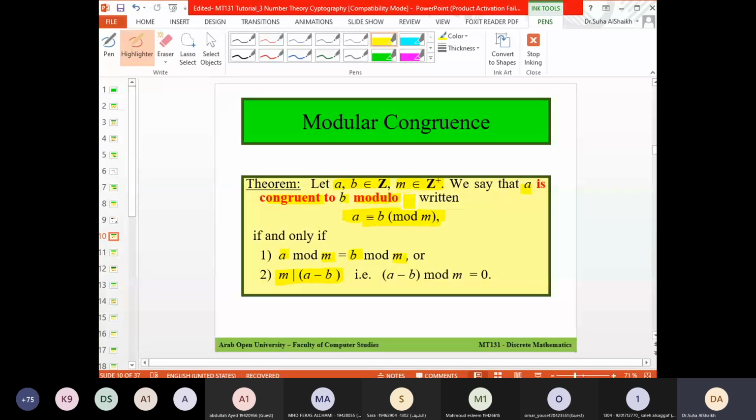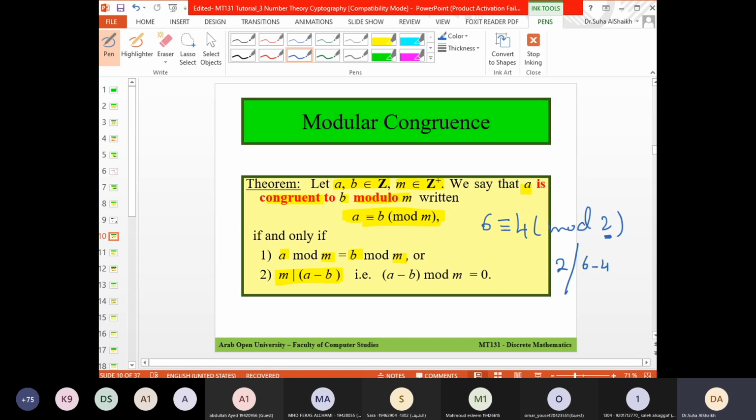Say 6 is congruent to 4 mod 2. Why is that? Because 2 divides 6 minus 4. Does it? Yes, it divides it. So 6 and 4 are congruent.